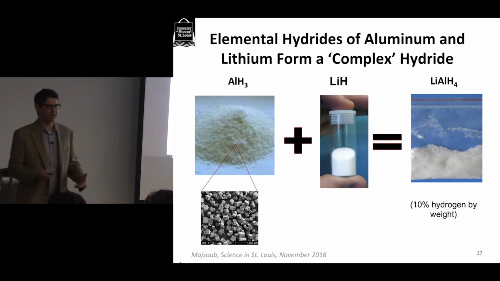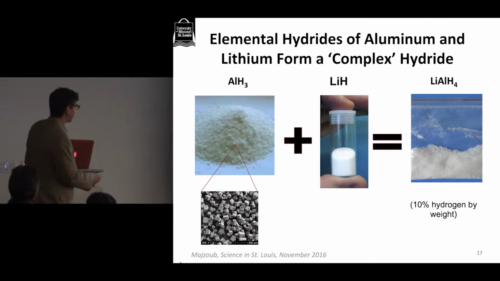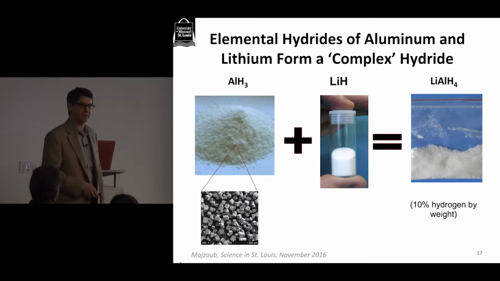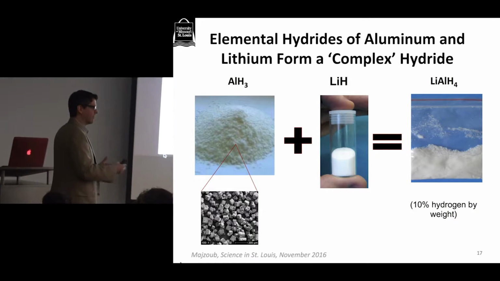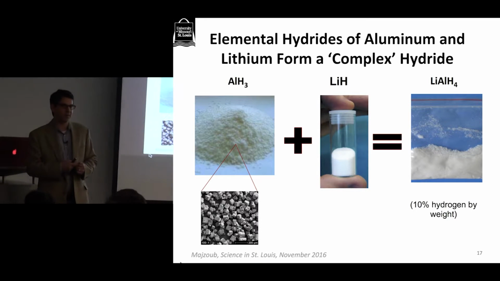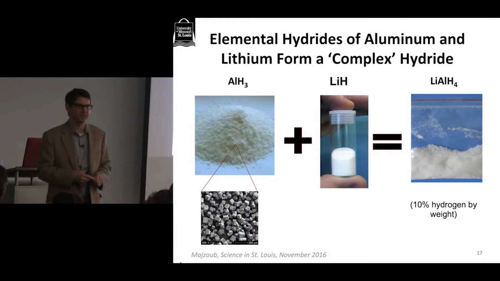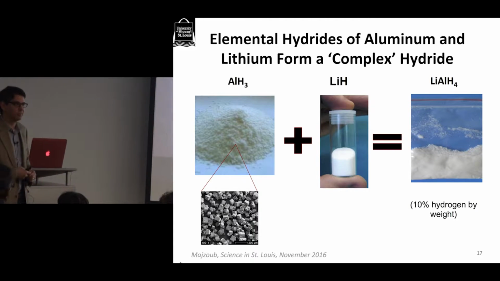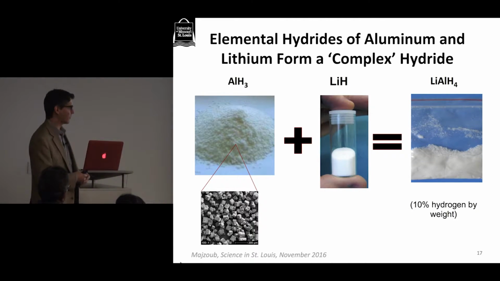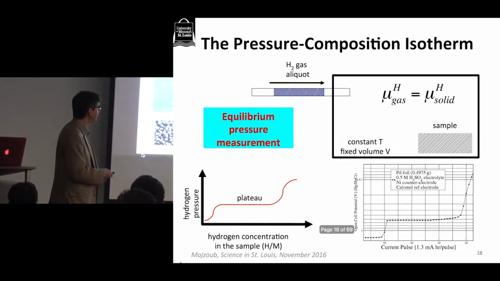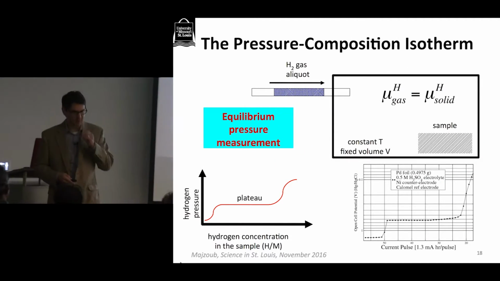Its properties are very different from either aluminum hydride or lithium hydride separately. Mixing and matching these different hydrides and making complex hydrides has been a driving force for much of the research of the past 15, 20 years, and has led to a lot of new materials discovery, but we're still searching for that ultimate material that has the properties that are useful for use on an automobile.